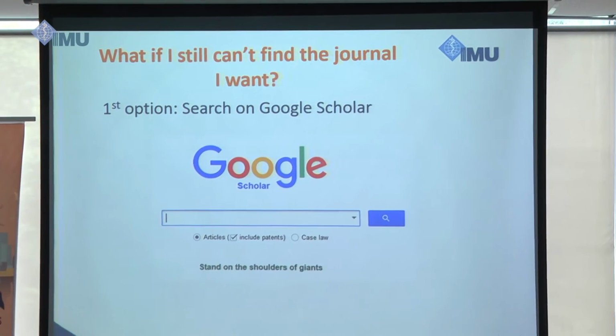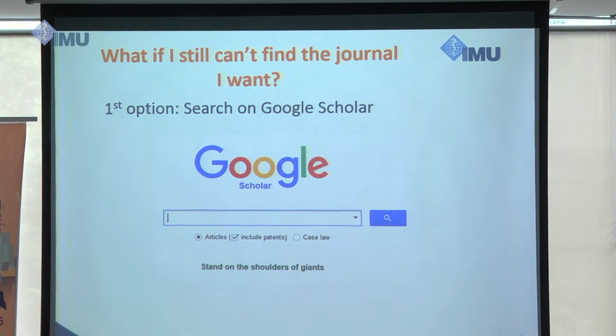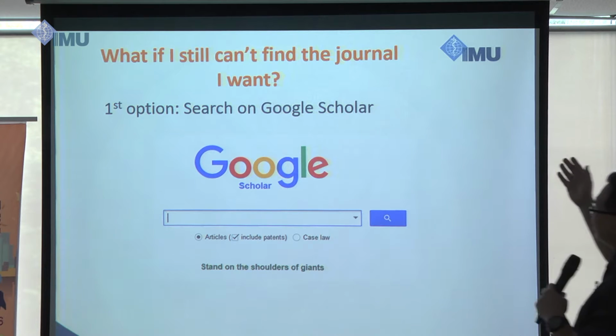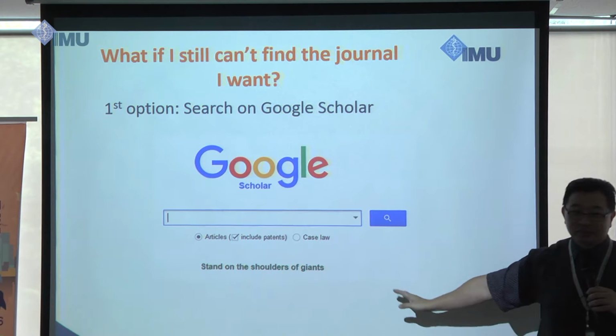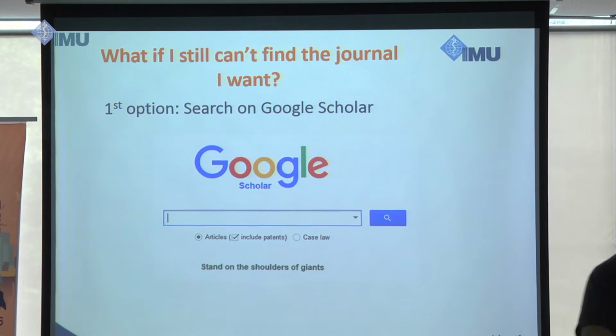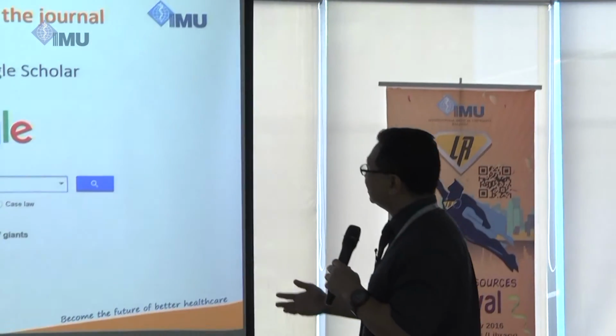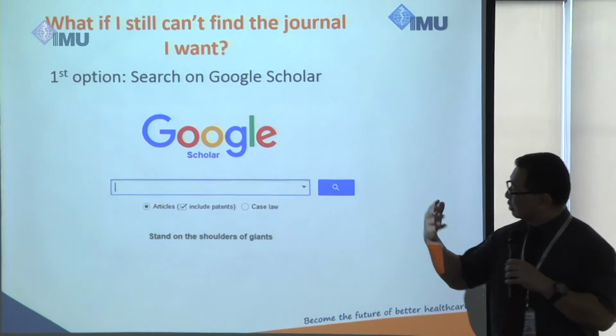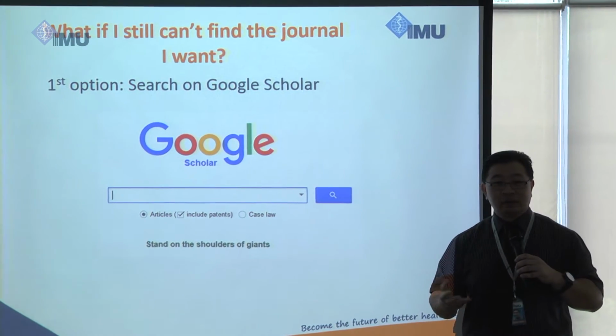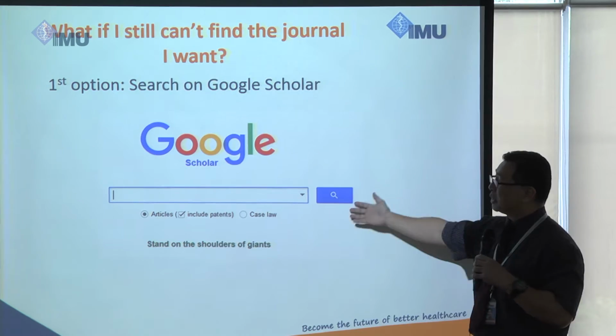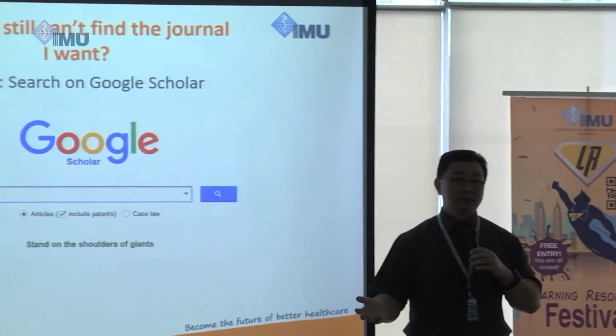Please, everyone, it's kind of like if you submit an assignment, please use spell check. Same thing here. Before you give up on your search, go to Google Scholar. It's not everything, but usually, by chance, by luck, you may actually get access to an article that is not available, or that you have limited access to, but somehow is available online and it's free.